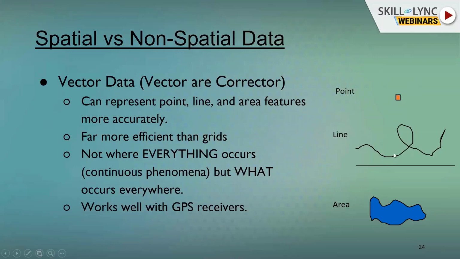Suppose this line is a highway and this area is a water body. You can do some sort of analysis, right? Where the next bridge is going to come, or where a new cafeteria near this pond can come, by seeing different aspects. So vector is correct.